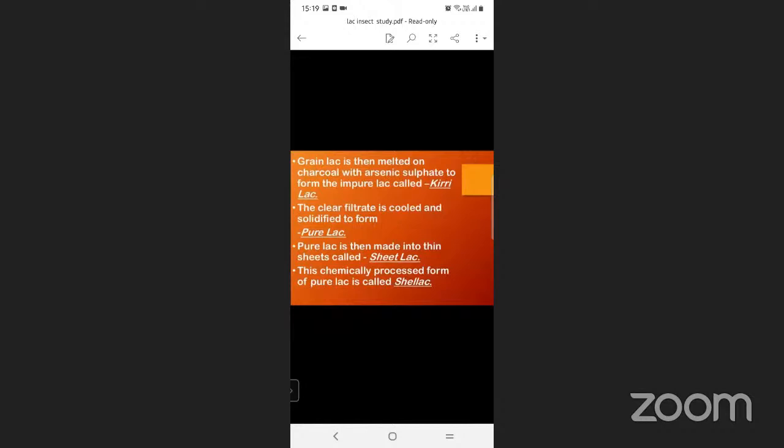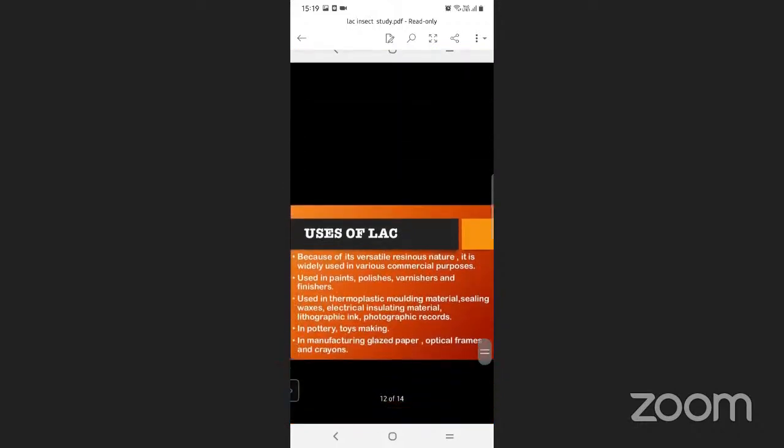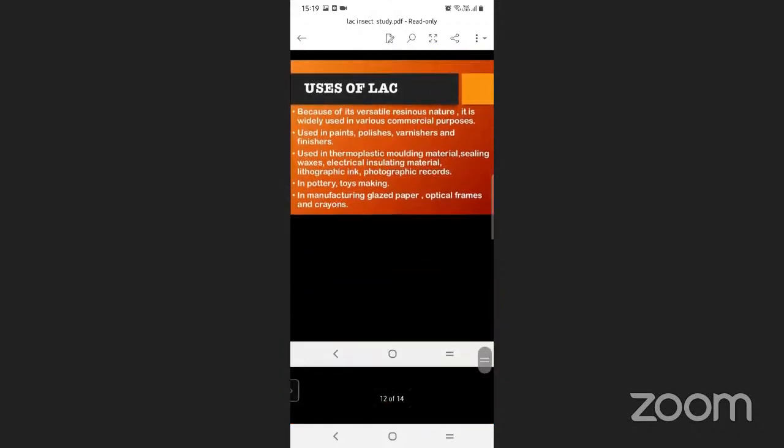The clear filtrate is cooled and solidified to form a pure lac. A pure lac is then made into thin sheets called sheet lac. This is chemically processed, and that pure lac is called shellac. So as it becomes more refined, we name and use that lac in different forms.